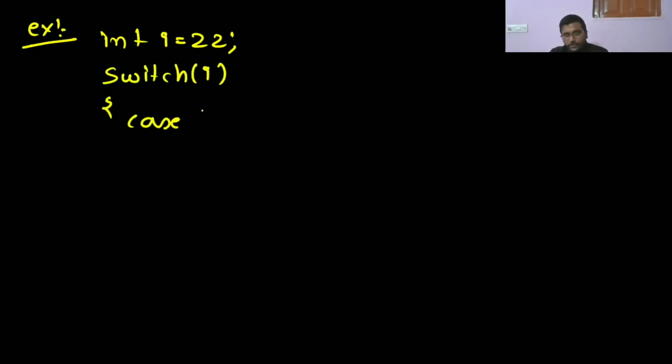If you use continue, I think continue is not allowed in switch, but if we use continue, it is going to execute the next iteration. I will teach this when I teach continue.